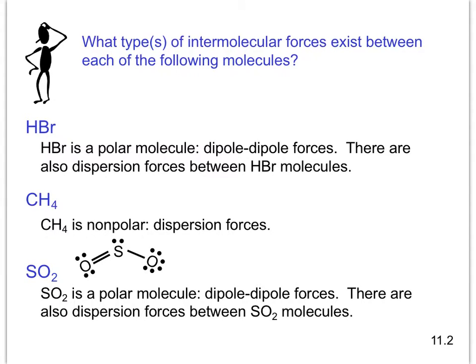So if we look at these 3 different examples, first we have HBr. If you were to be in this situation on a test, I would strongly encourage you to draw a Lewis structure. So HBr, it's polar because Br has the 3 non-bonded pairs of electrons. 1, 2, 3.